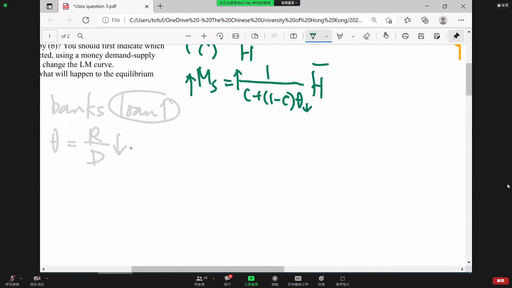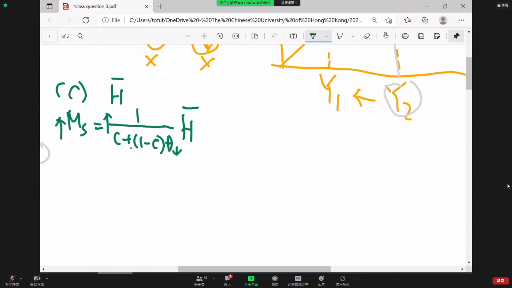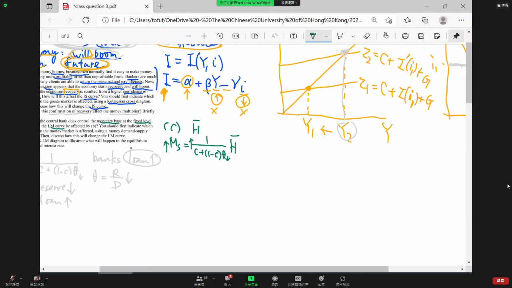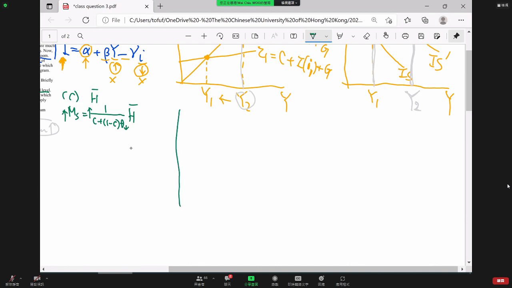And if this is true, then let us look at what happened to the LM. We start from the money demand and supply diagram. Money demand, with output originally at Y1, and money supply.